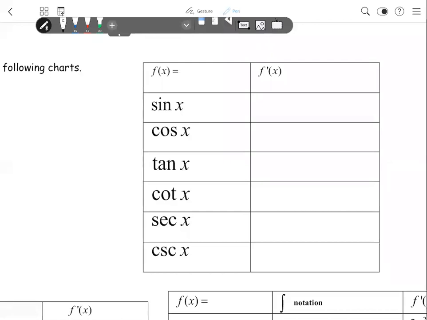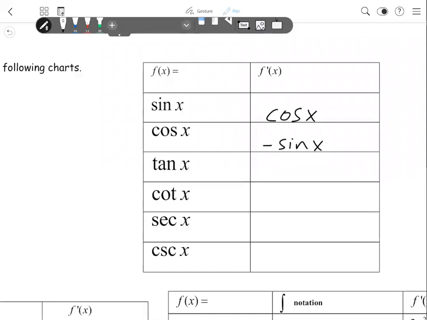So let me fill these in, and I'm going to pause for just a second so that you can think about the answer. The derivative of sine of x is cosine of x. And the derivative of cosine of x is negative sine of x.